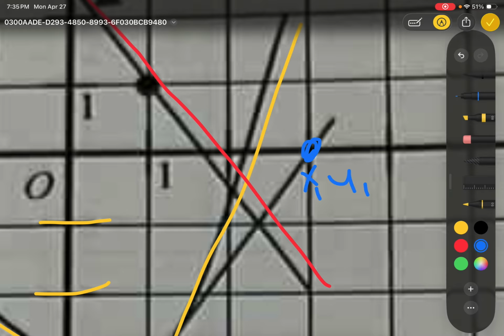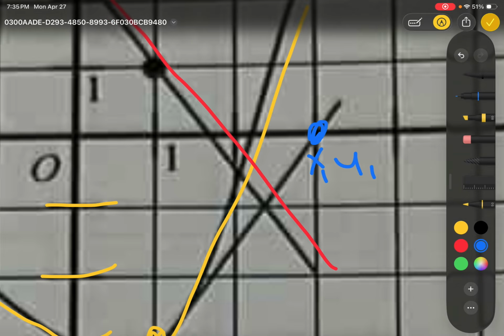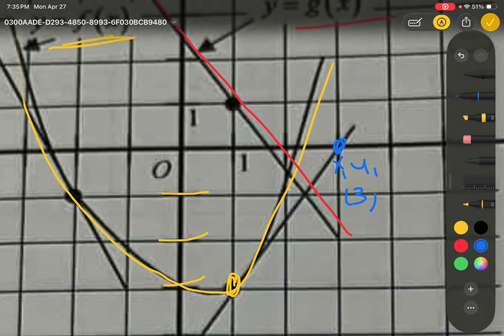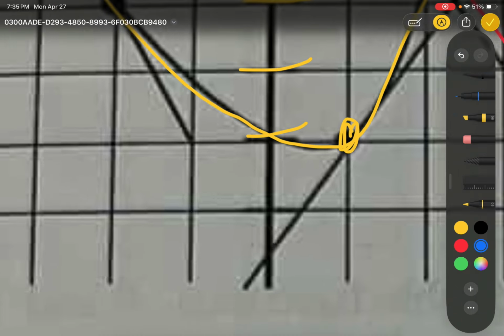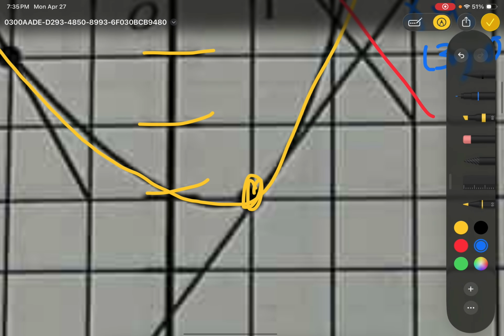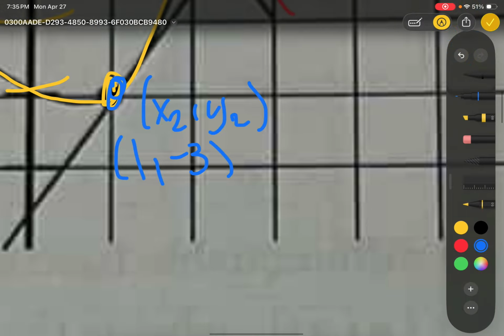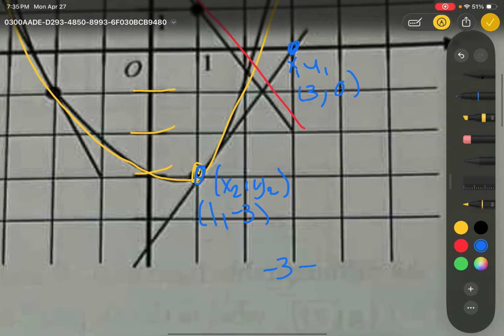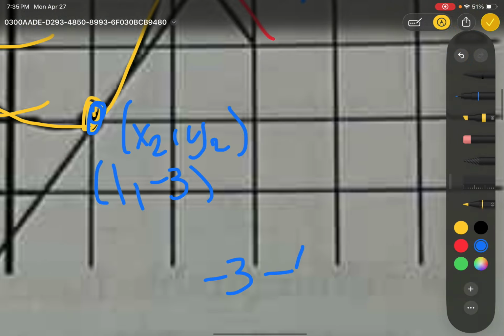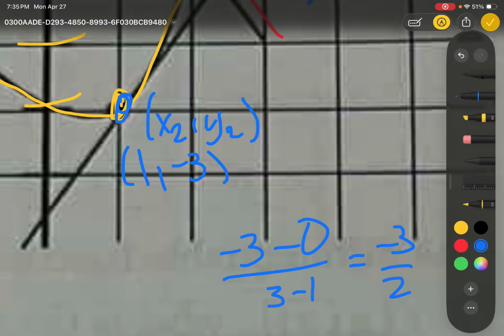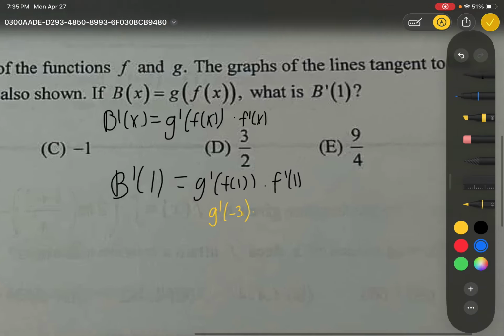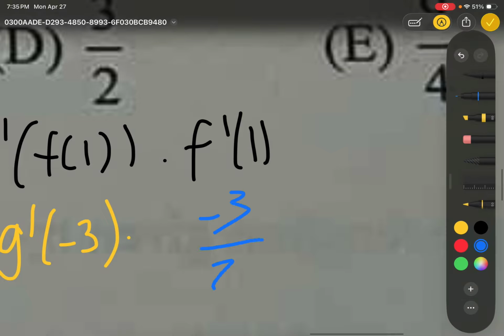Let's call this x1, y1, which is going to be 3, 0, and this is going to be x2, y2, and this point is going to be 1, negative 3. So it's going to be negative 3 minus 0 over 1 minus 3, which gives us negative 3 halves.